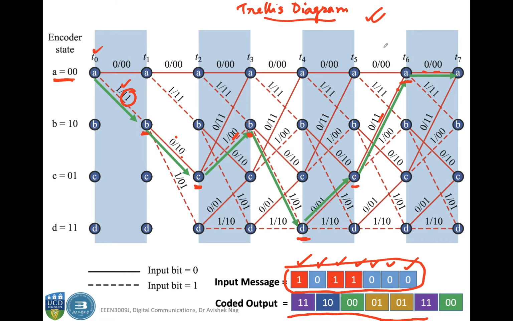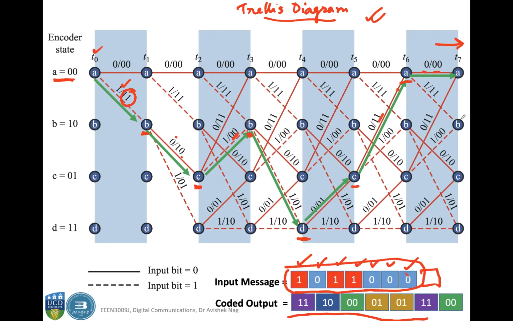If you can stretch the trellis further in this direction, let's say at t equal to t7 you are at state A, and now whatever the next input bit is, according to that you move along the trellis and you can find out the coded output. So this process actually goes continuously and iteratively.